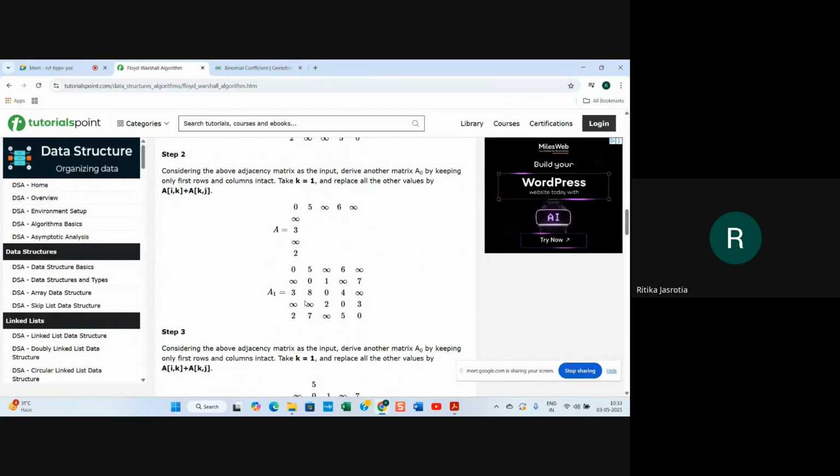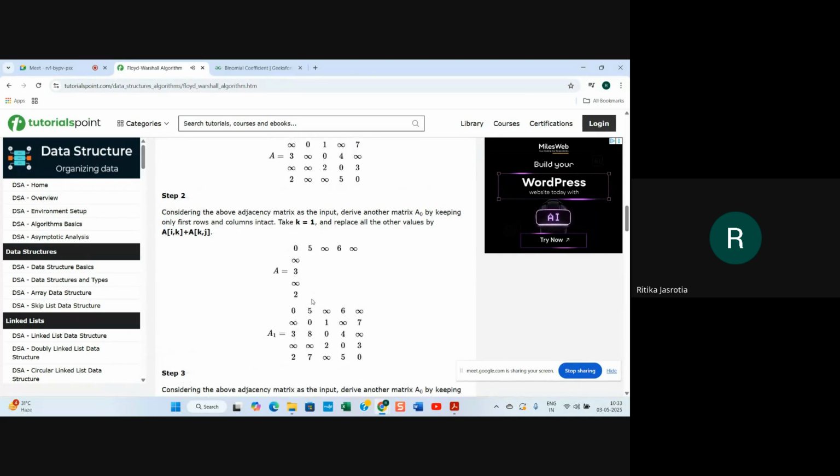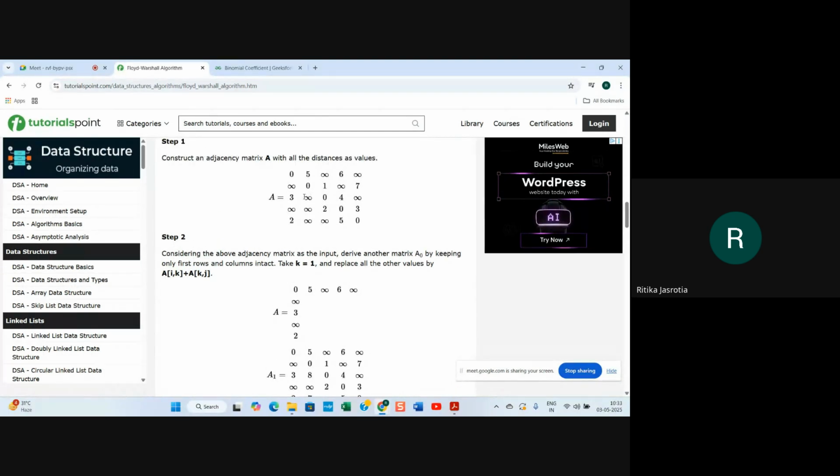If we come here, 2 1: 2 1 plus 1 1. What is 2 1?